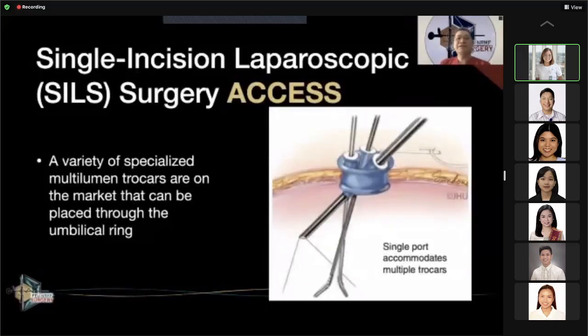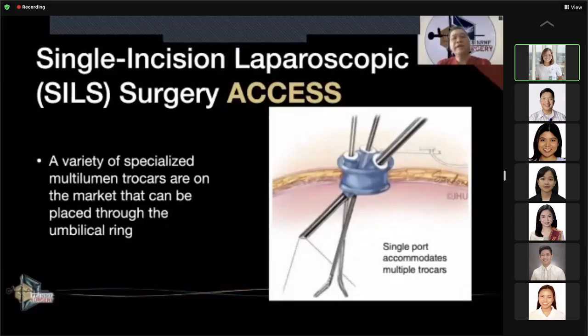Single incision laparoscopic surgery. As you can see, the port is single, meaning you gain access through the umbilicus and insert all your instruments in one area, the umbilicus. That is why it is called single incision or single access laparoscopic surgery. So what is the problem here?